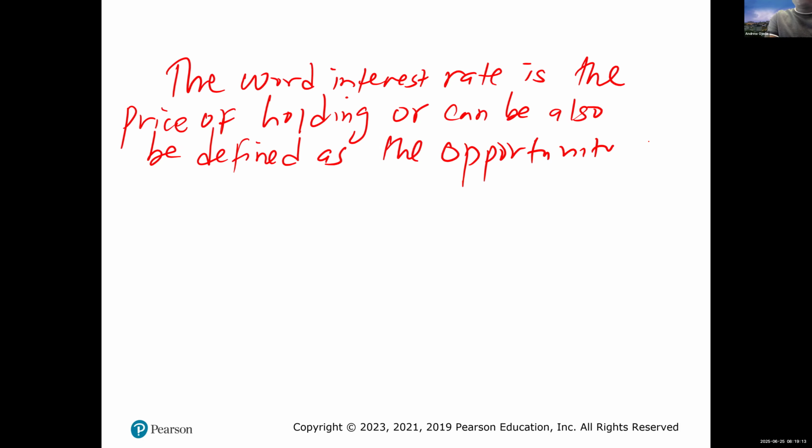Opportunity cost, you guys learned from year 2314. Opportunity cost is what you must give up if you make a choice to do something. So you're going to give up the interest you should have earned if you choose to hold money. So that's why the interest rate can be defined as the opportunity cost of holding money.